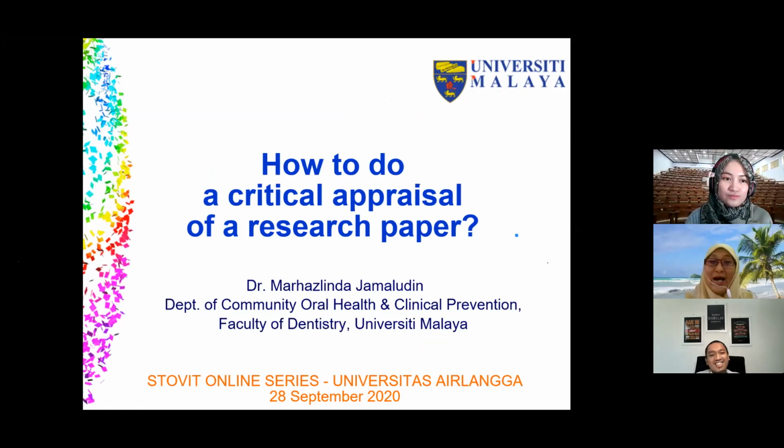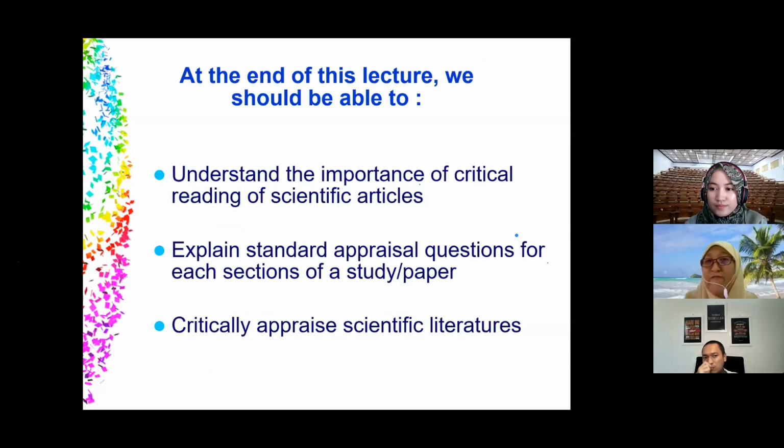Okay. So our lecture today is on how to do a critical appraisal of a research paper. Sebab kita tidak punya banyak masa, I will just straight focus to what the topic is all about. Hopefully, by the end of this lecture, we should be able to, number 1, understand kenapa importantnya critical reading of scientific articles.